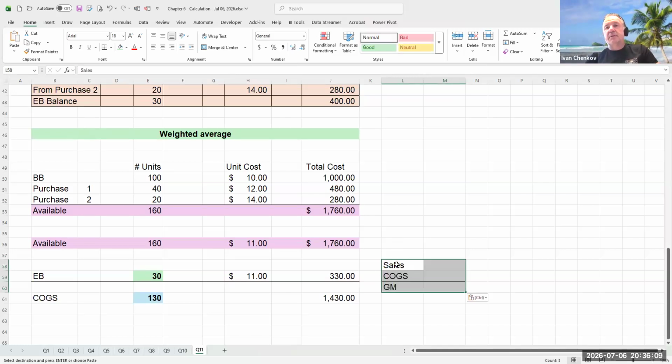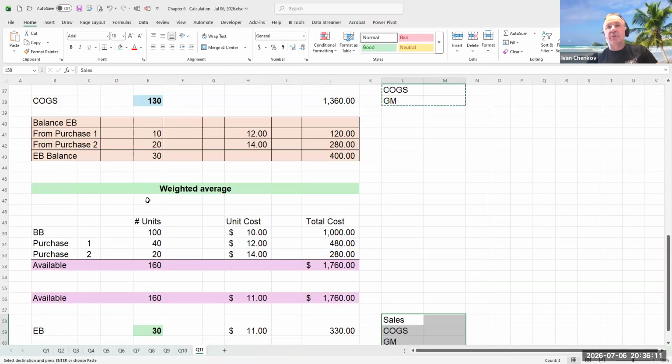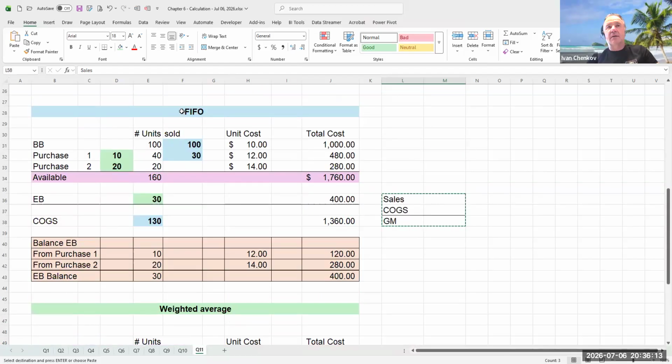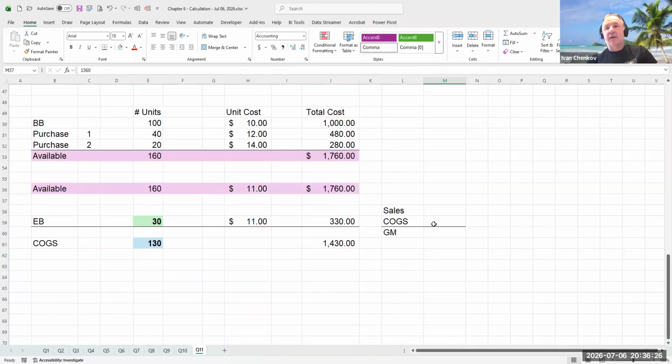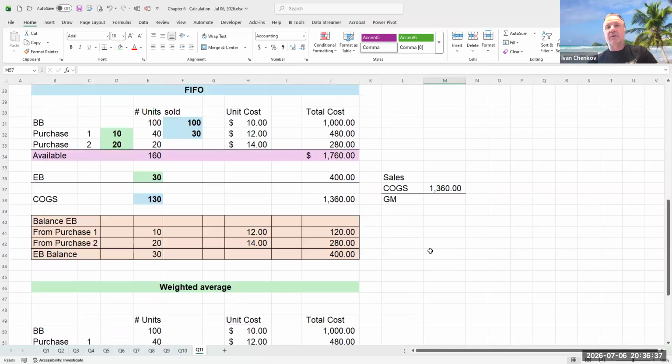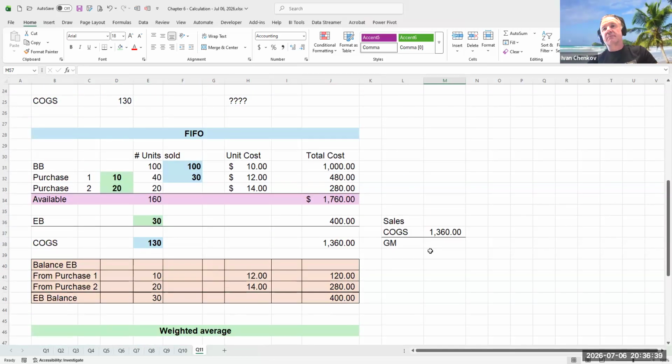Now the question is, in which scenario between weighted average and first in, first out is going to give us higher gross margin? Here I'm going to have cost of goods sold 1,360. In the other method, I'm going to have 1,430. Where will my gross margin be higher? In which scenario? On the weighted average or first in, first out?